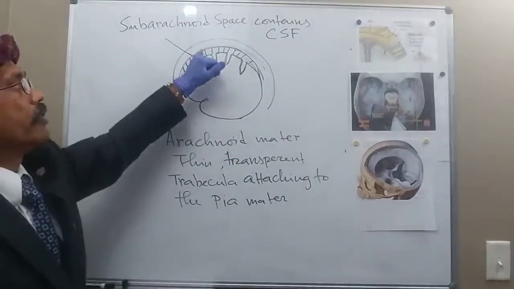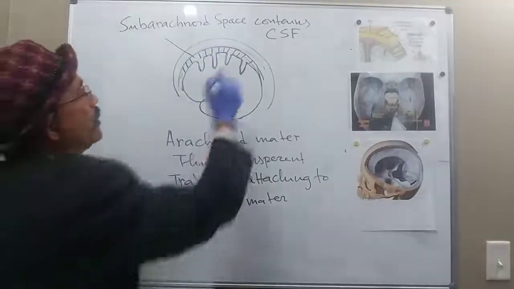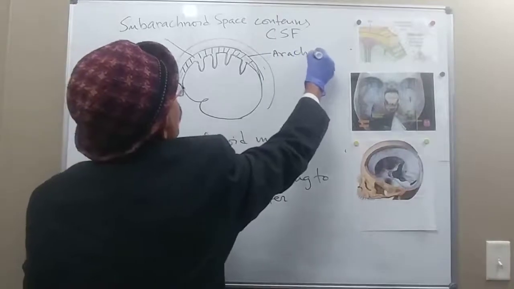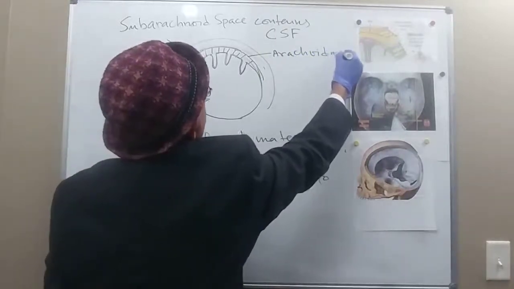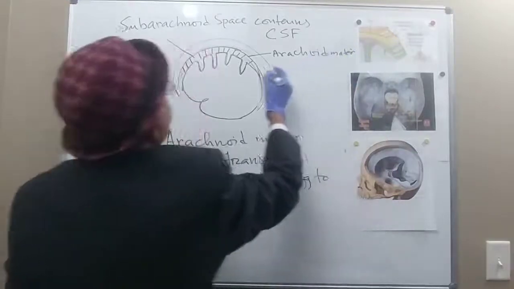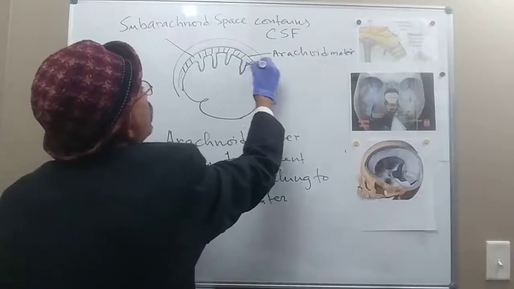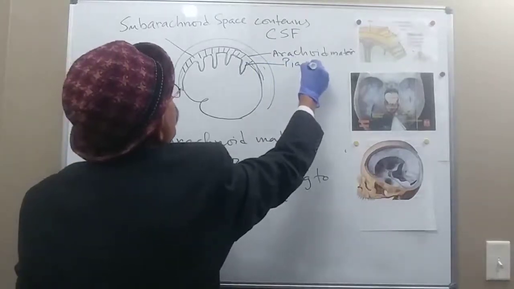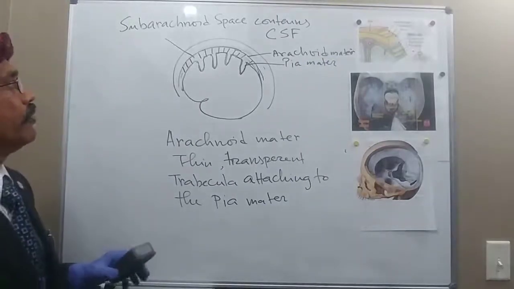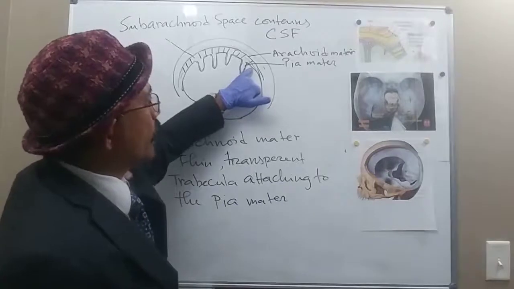So this is not a potential space; this is a space between the arachnoid mater and the pia mater. We got the subarachnoid space and pia mater. Pia mater is on the wall of the cortex.